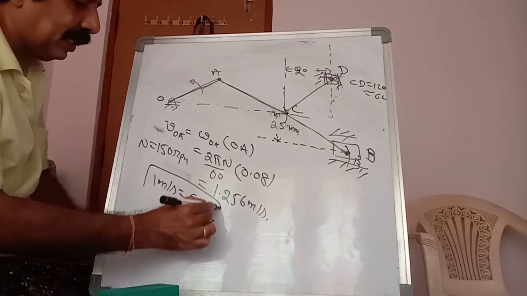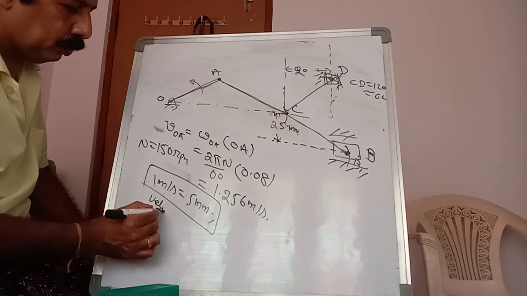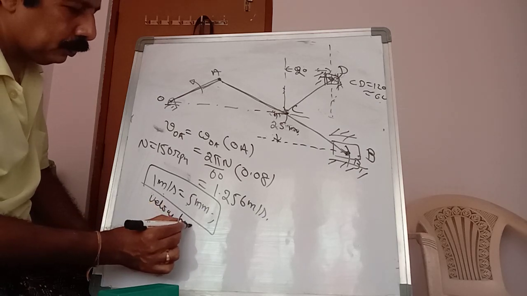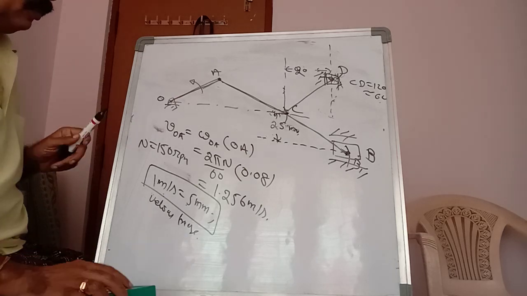So to draw the velocity triangle, what is the scale? 1 meter per second is equal to 5 mm. First we have to start with VOA.